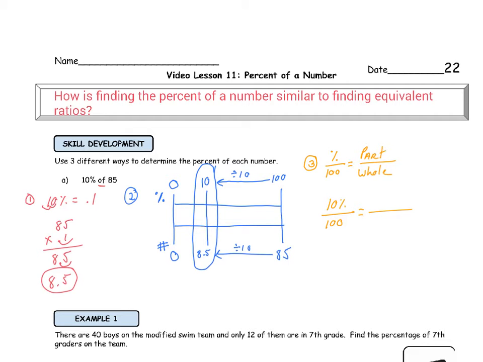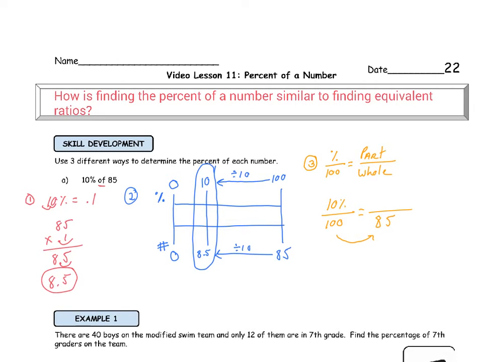In our question given here, 10% of 85, are we given the part or the whole? So does 85 represent the part or the whole? I think that you should all recognize that 85 represents the whole. We need to figure out the part. Now, I can't think of a factor of 100 times something that will give us 85.